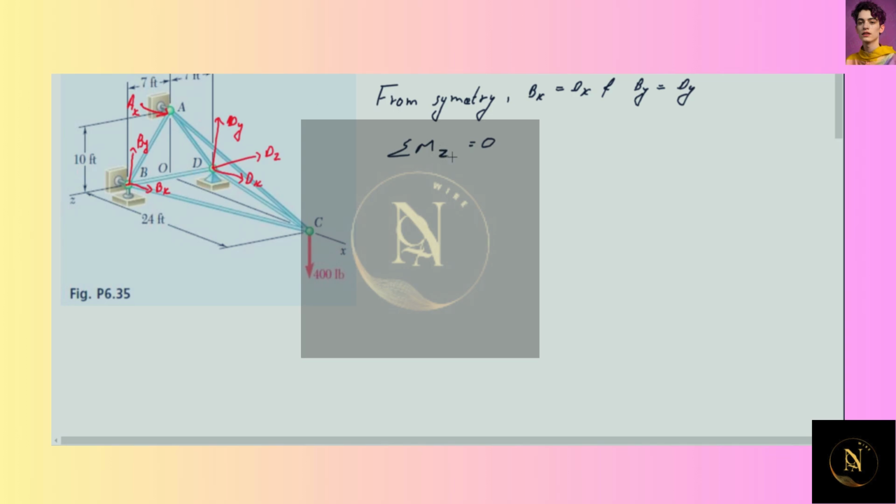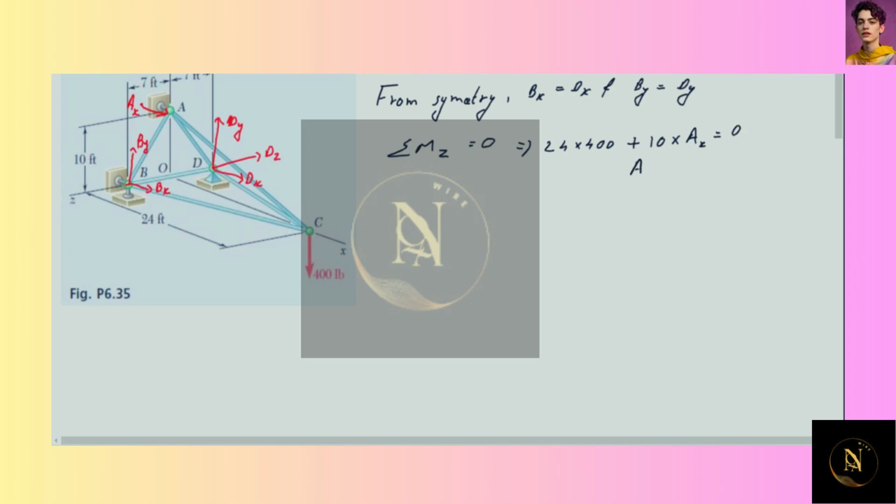This gives us 24 feet into 400 lb plus 10 feet into AX, that is the distance here, 10 feet into AX equal to 0.